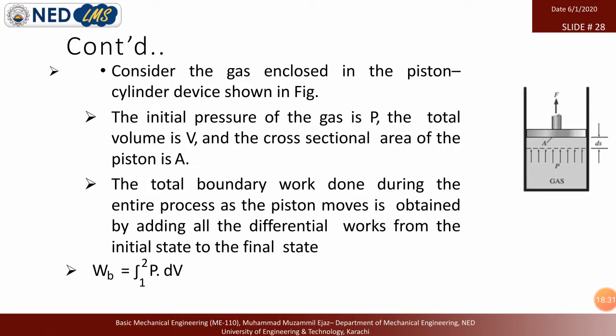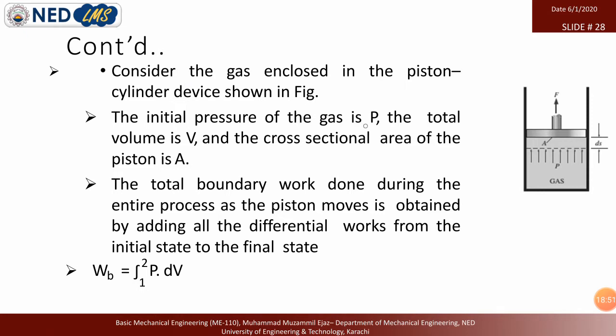Yes. So to study changing variable boundary work, we have to understand the equation which defines the work done by the system. For example, consider the gas enclosed in the piston cylinder device shown in the figure.